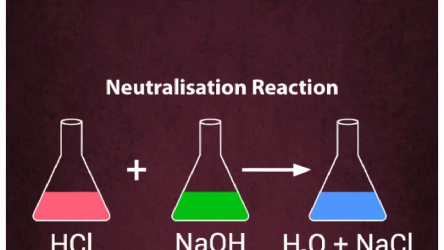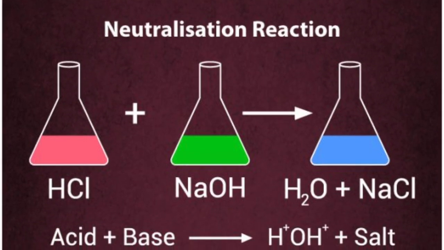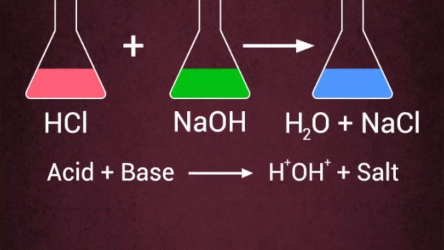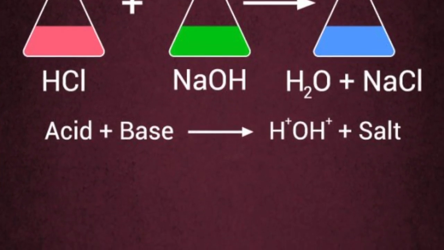A neutralization reaction would be an example of a base combining with an acid, and then those molecules will rearrange themselves to produce a salt and water as a byproduct, and also releasing heat out into the environment. So those are the three in class that you would anticipate seeing as exothermic reactions.